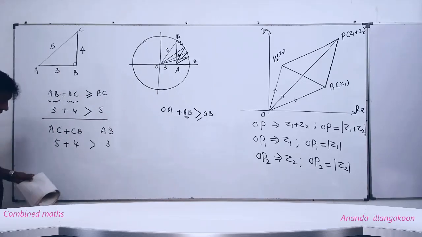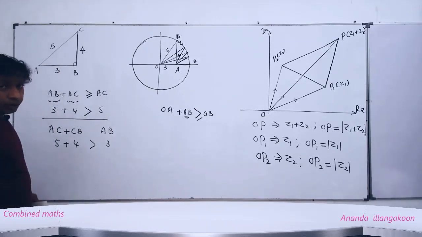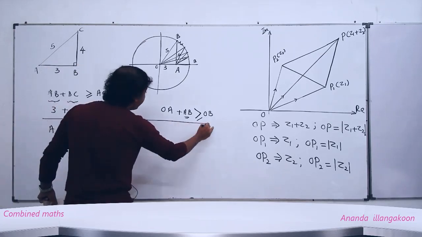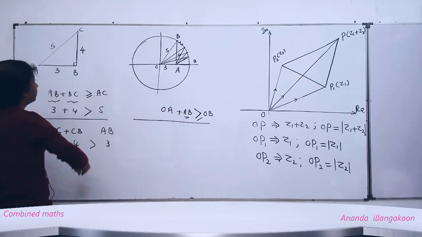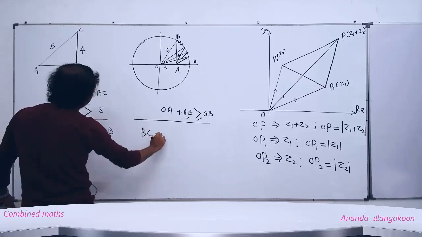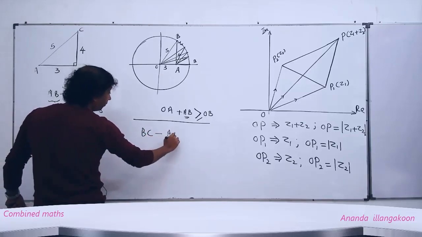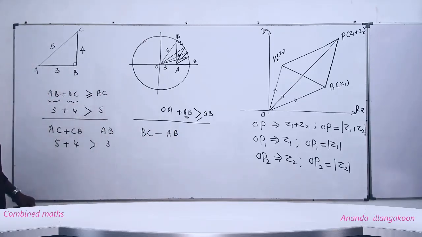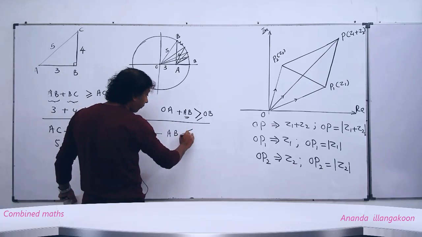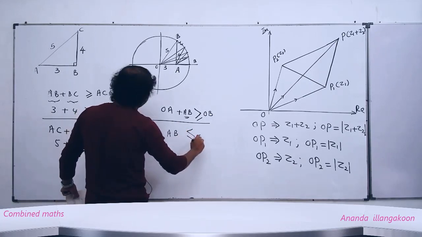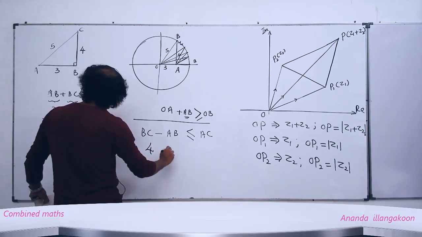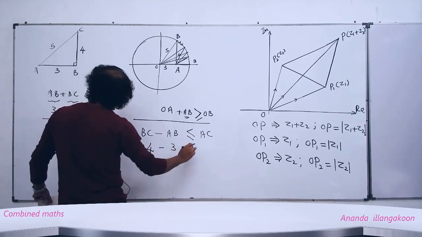And people, the next one is difference of any two sides. In the same way, we can say when you consider difference of any two sides, BC minus AB. Difference of any two sides of a triangle is smaller than or equal to the other side. See here, BC is 4, AB is 3, AC is 5.